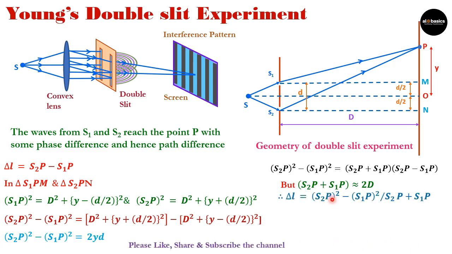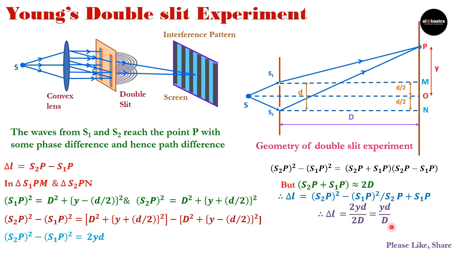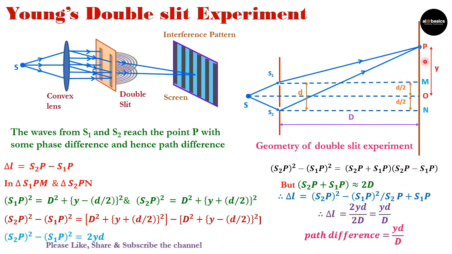By substituting these in the equation of delta L, we get delta L is equal to S2P square minus S1P square divided by S2P plus S1P, and substituting the values, we get delta L is equal to 2YD divided by 2D, that is equal to YD by D. This is nothing but the path difference for the waves when they are reaching any point on the screen.